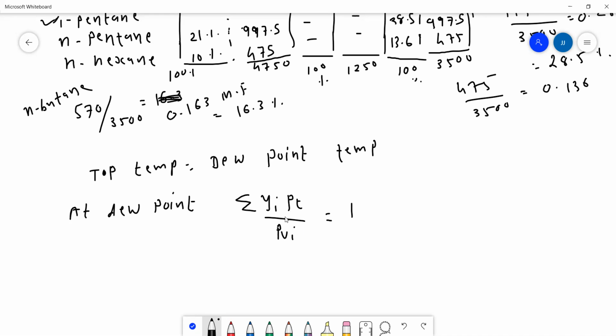So this is the top temperature, this is for the top part.